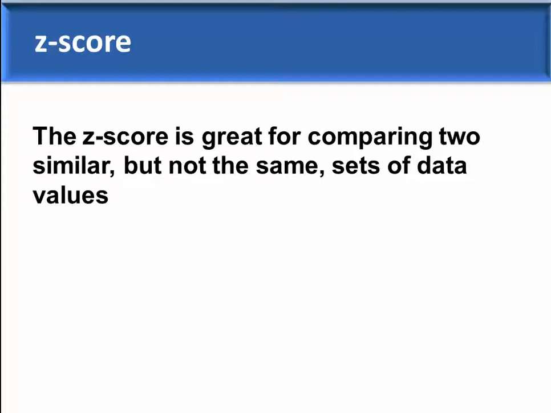So, very similar types of things, but different in some way, different enough that we have to standardize to compare the two. As we talked about in class, another example would be SAT scores versus ACT scores. SAT scores are measured in the hundreds, ACT scores are very small numbers. So we need to standardize those two to be able to compare how they did relative to everyone else in their group of scores.